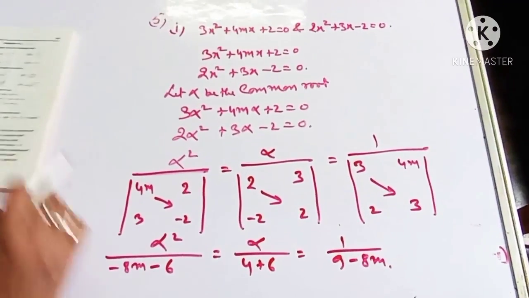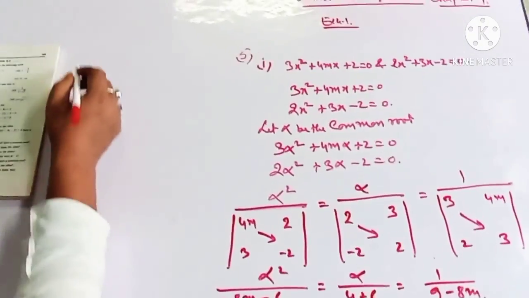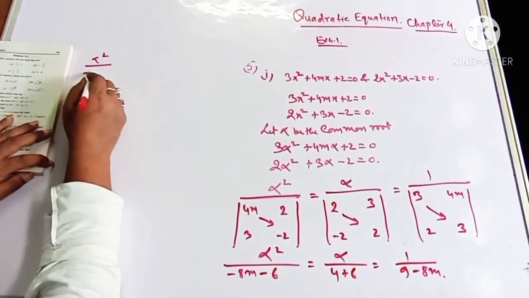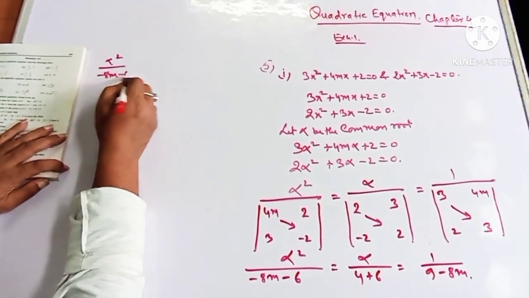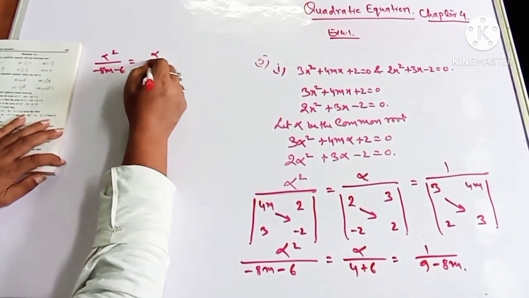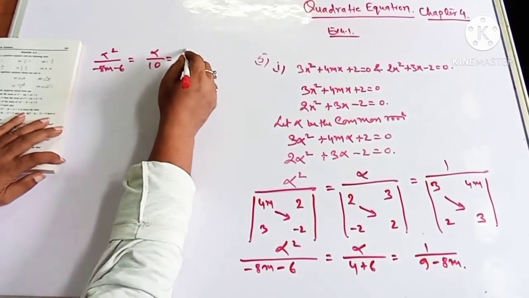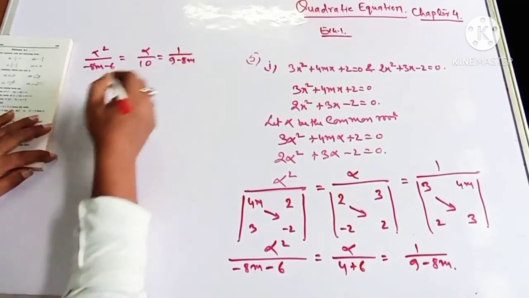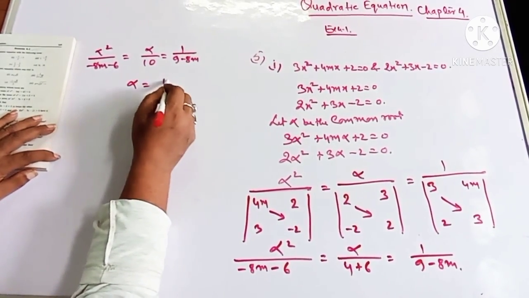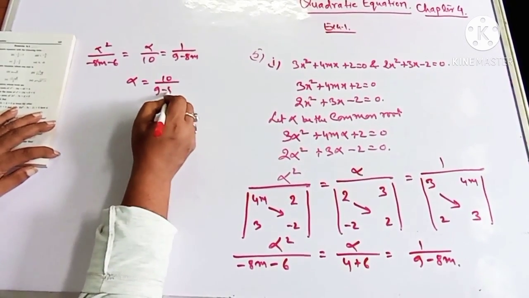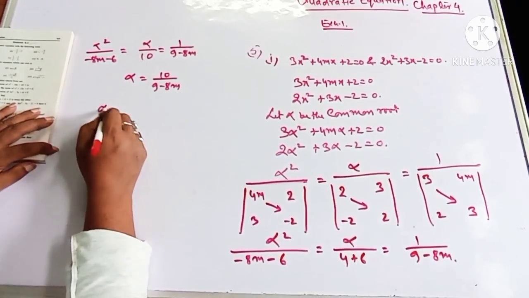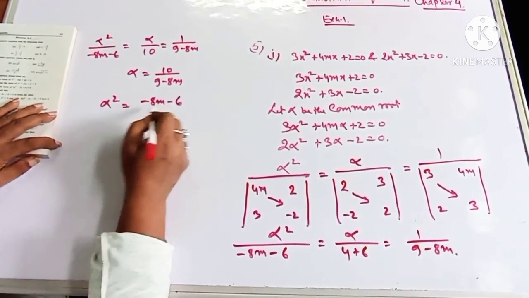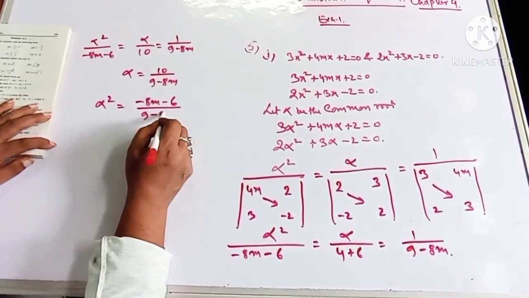So here it becomes alpha square by minus 8m minus 6 equal to alpha by 10 equal to 1 by 9 minus 8m. So your alpha is equal to 10 by 9 minus 8m, and alpha square is minus 8m minus 6 by 9 minus 8m.